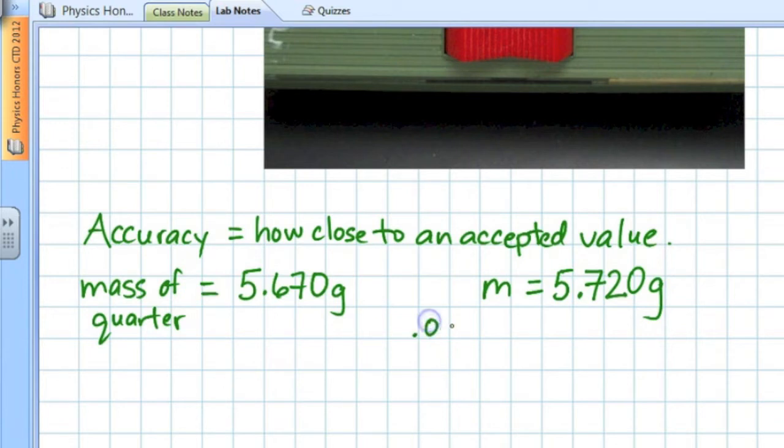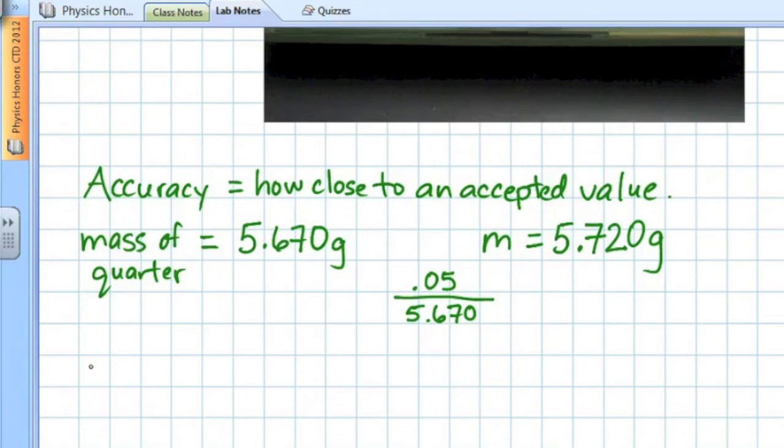It's 0.05 away. Okay? Or we could talk about the percentage it is away from the accepted value. And the percentage would be the amount of error divided by the actual accepted value. And we can talk about that a little bit later, but you can see that this is a pretty small number.